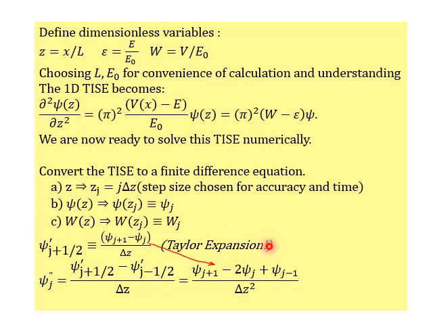The second derivative at point j is equal to the value at point j plus 1 plus the value at point j minus 1 minus twice the value at point j, divided by delta z squared, after making that substitution.